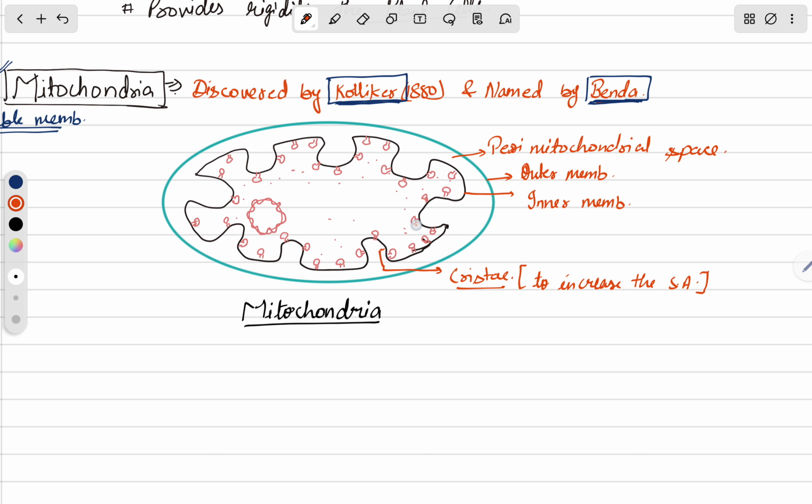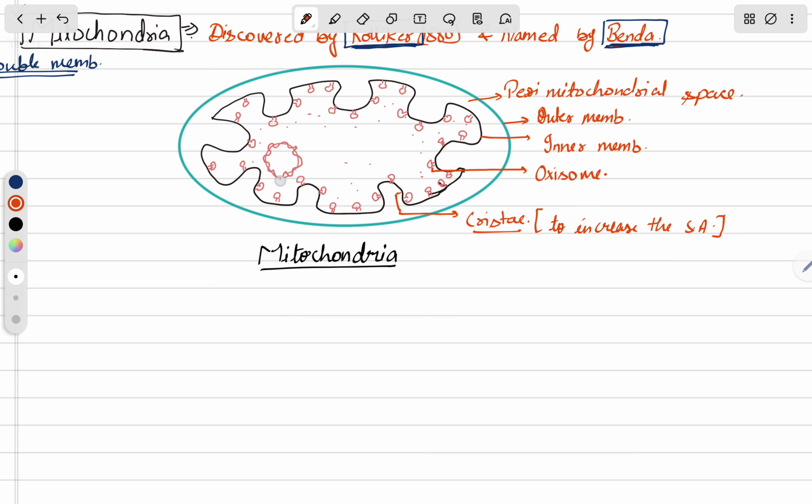Right? This racket-like structure is the oxisome. Here we have double-stranded DNA. The dotted structure is the ribosome. The type of ribosome present in mitochondria is 70S. Right?